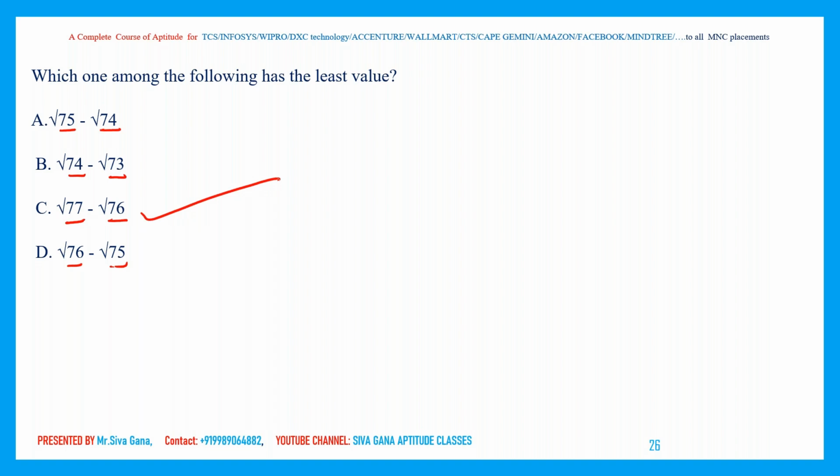He is asking for the least, so option C is the least. If you go by this smart way, you will get it. Otherwise, make use of the on-screen calculator. This is the 2020 TCS question.